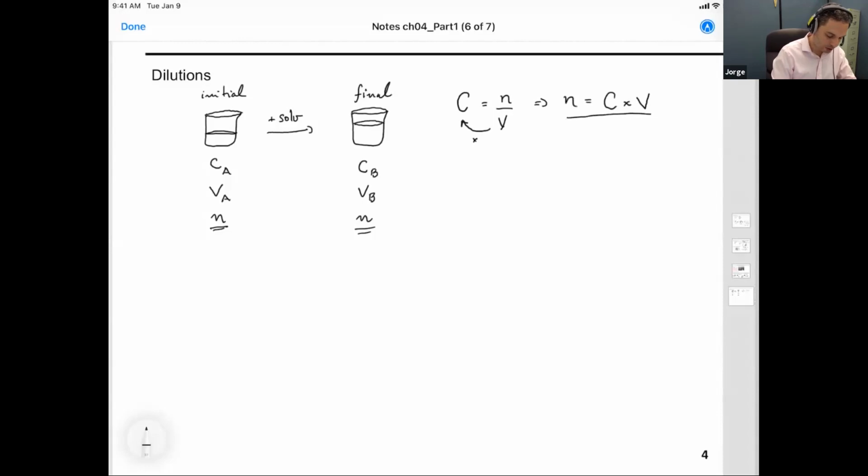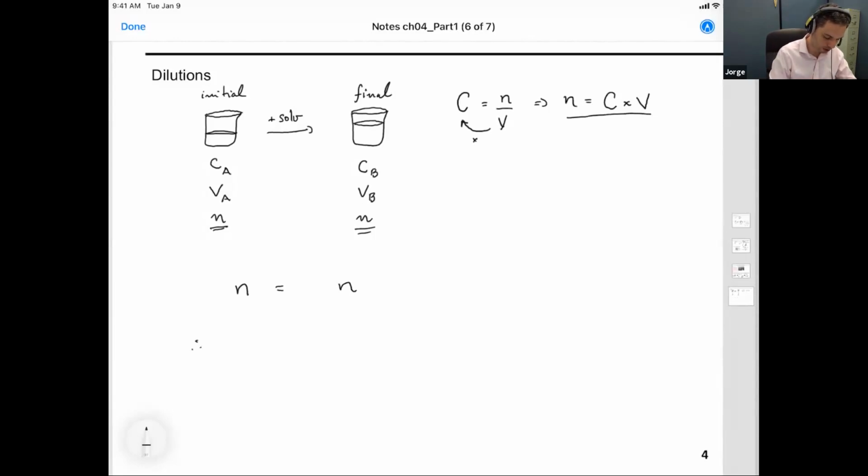We know that the number of moles of the initial solution is the same as the number of moles of the final solution. I'm now going to replace number of moles by concentration times volume.